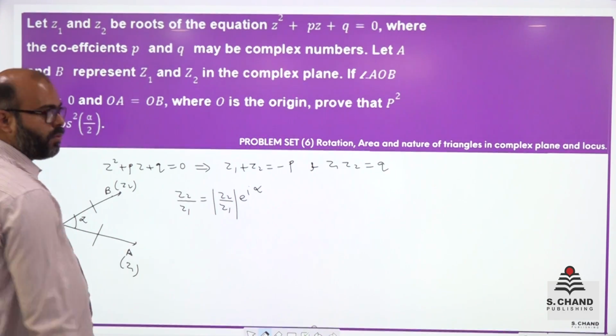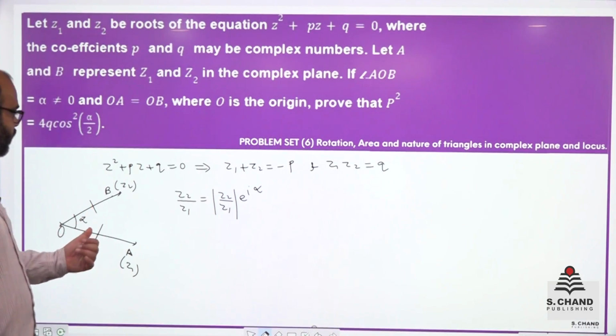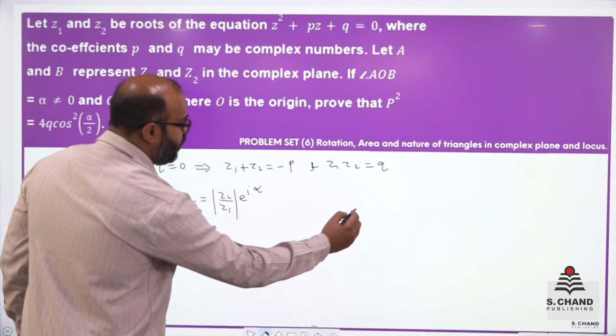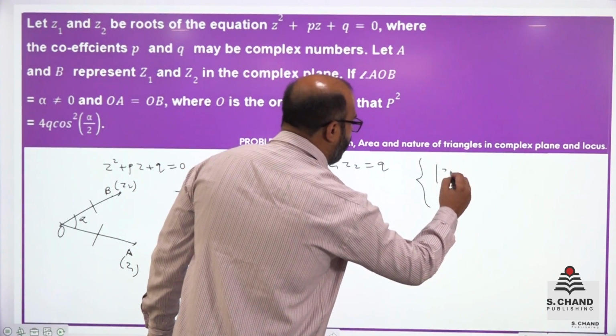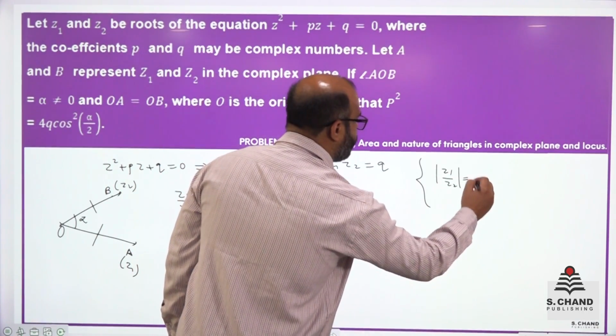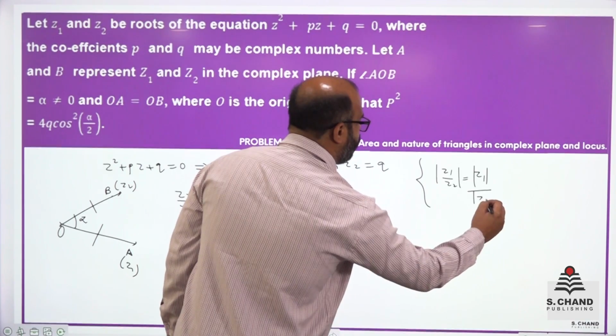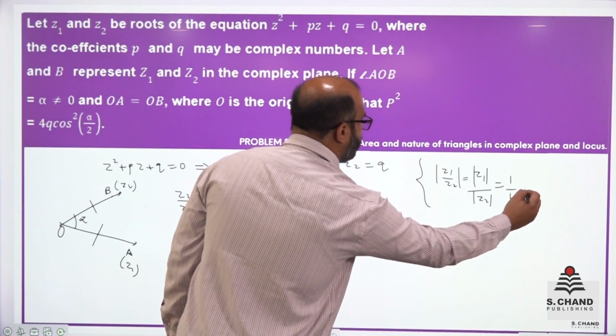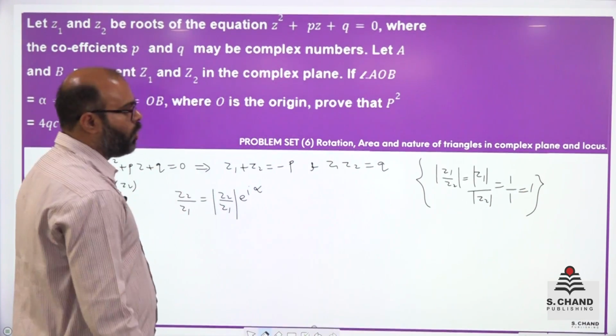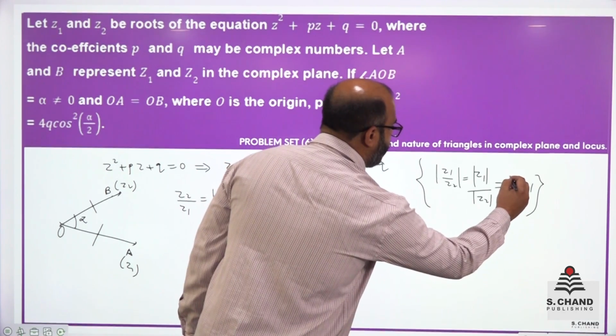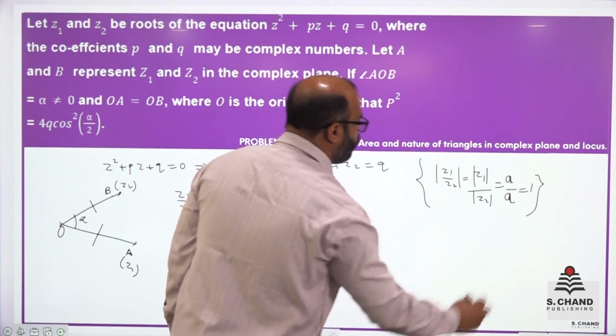Now mod of z2 by z1 is 1, because mod of z1 by z2 is actually mod of z1 by mod of z2, which is equal to a by a, which is 1, because both are of the same length.